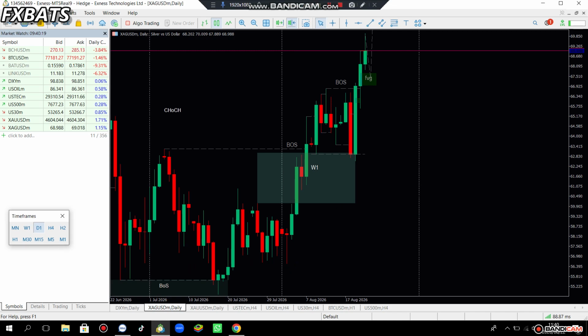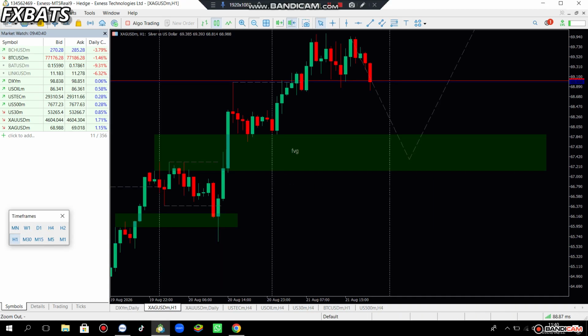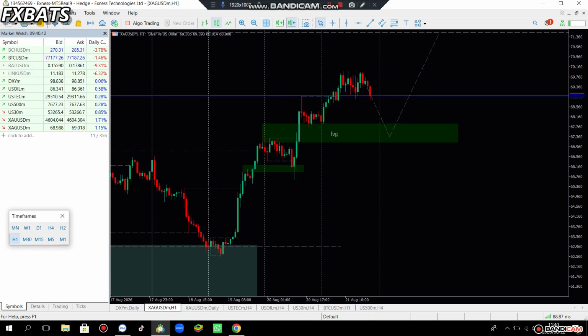On the daily, we have our daily fair value gap. This is where I'm expecting price to retrace towards before it continues to this buy side liquidity. So daily fair value gap, expect a retracement, meaning we have to go to 1 hour. This is where we're going to be watching the retracement. What I'm expecting is all this inducement to be taken out.